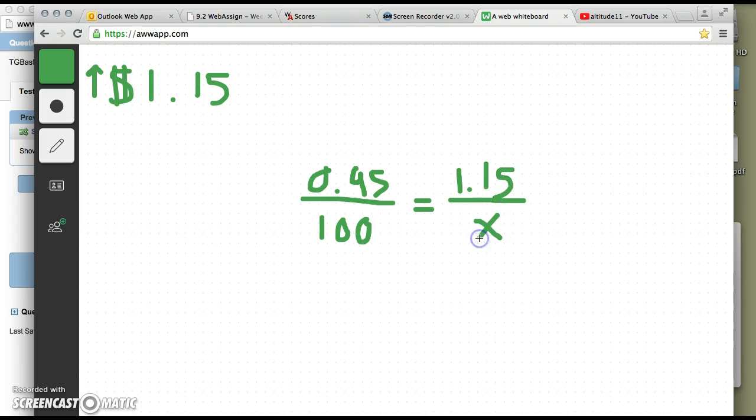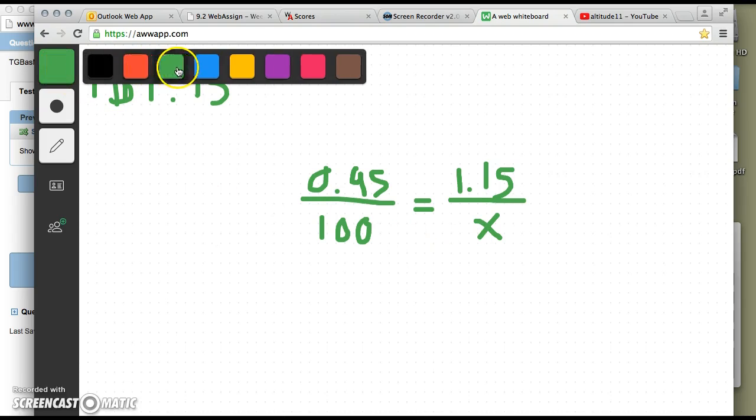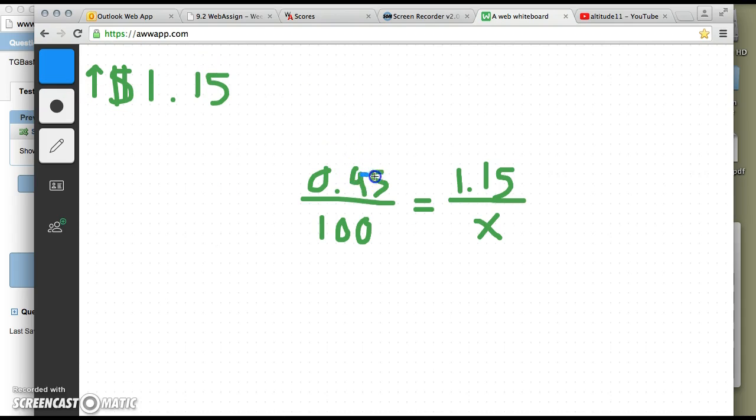In other words, what percent increase is that going to cause? So we can cross multiply here. 0.95 times x. That's just going to be 0.95x is equal to, and we have to cross multiply on the other diagonal, 1.15 times 100. Just move this decimal twice to the right, and we get 115.